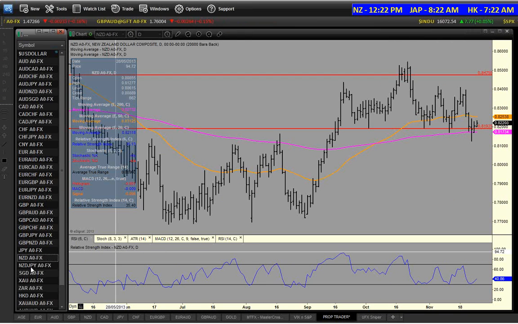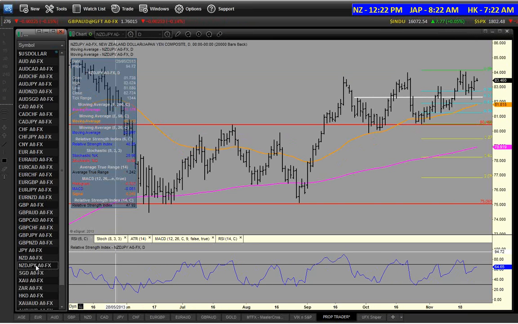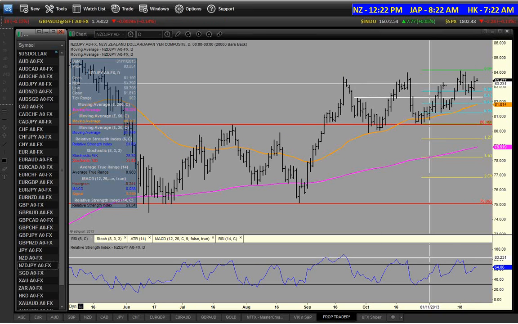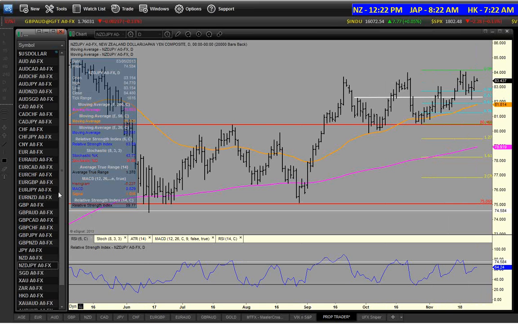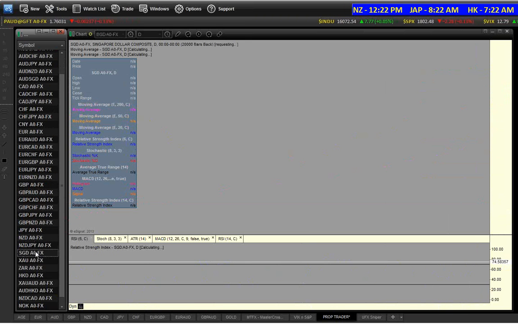Kiwi, no thanks. Kiwi yen. But no, the Aussie yen, you'd be interested in it, but it's not really setting the world on fire compared to the other yen crosses. Dollar Sing.